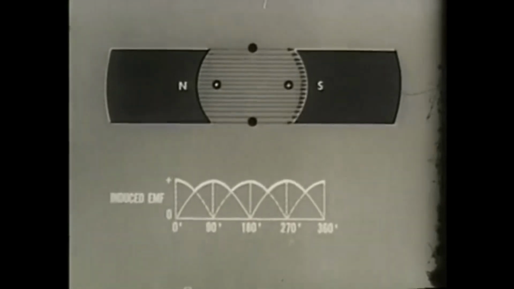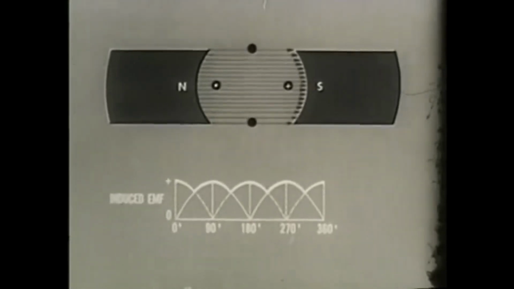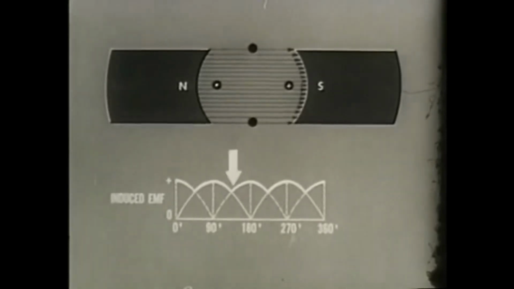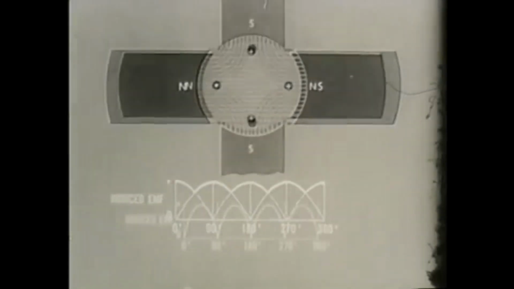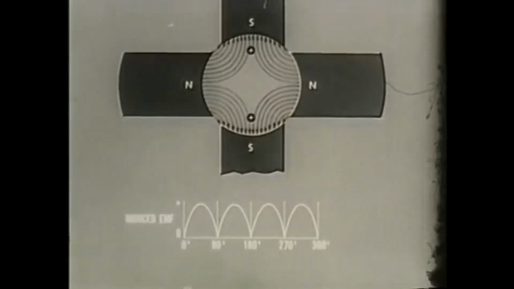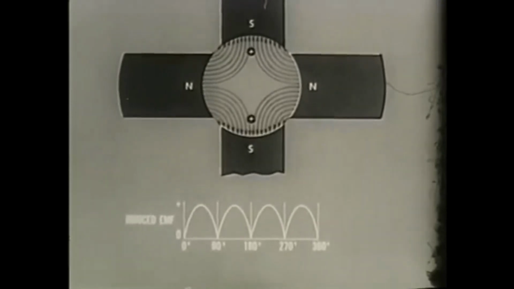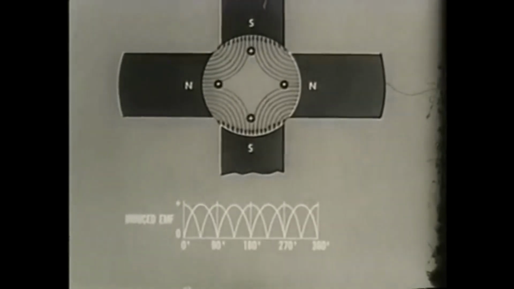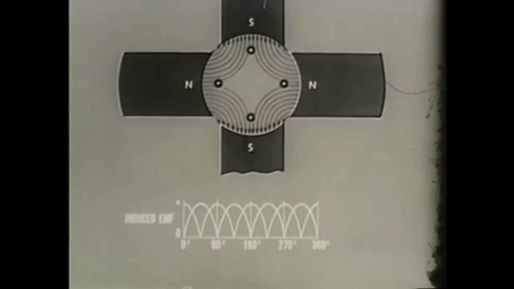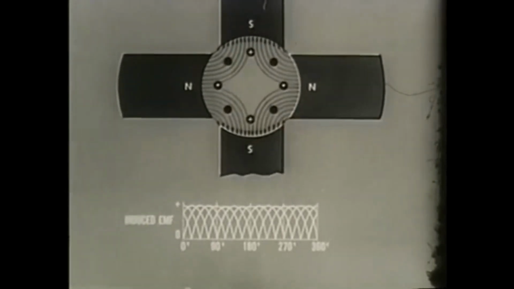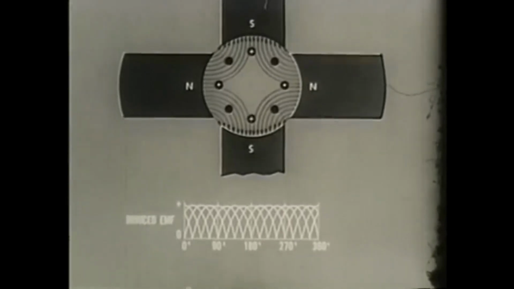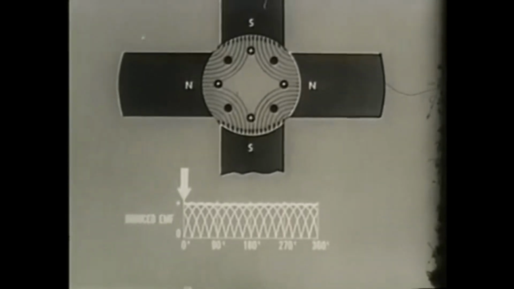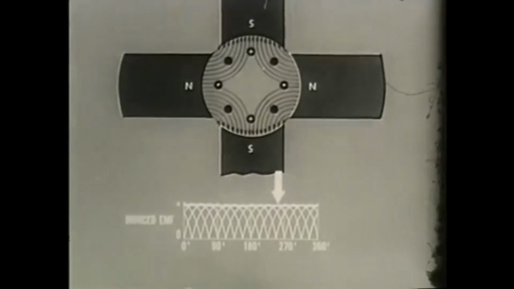However, even with 2 loops and 4 commutator segments, the rectified curve is still somewhat irregular. By adding magnets, we increase the number of fields cut by the armature. As we increase the number of loops and commutator segments, the variation between maximum and minimum value decreases. This, in effect, tends to flatten the DC output.